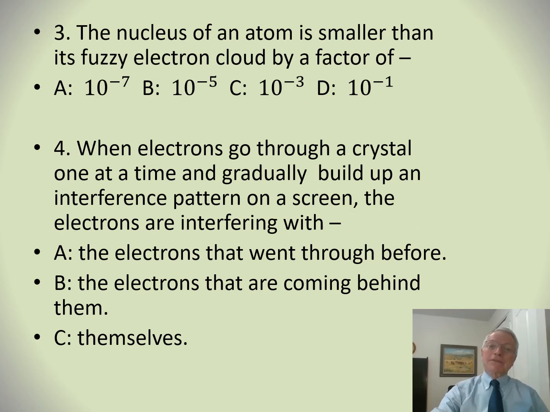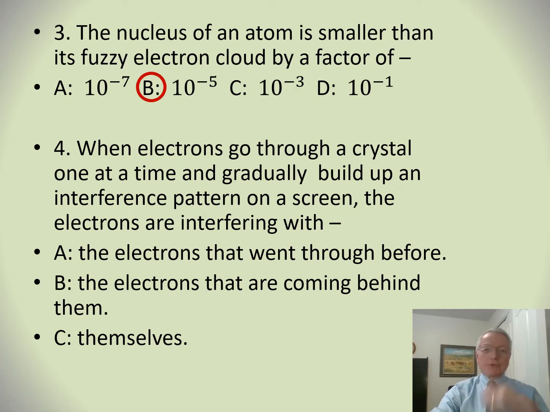The nucleus of an atom is smaller than its fuzzy electron cloud size by a factor of which of these? This is worth remembering. It's incredibly small, but I don't know about how incredibly small it is, and the answer is 10 to the minus 5.